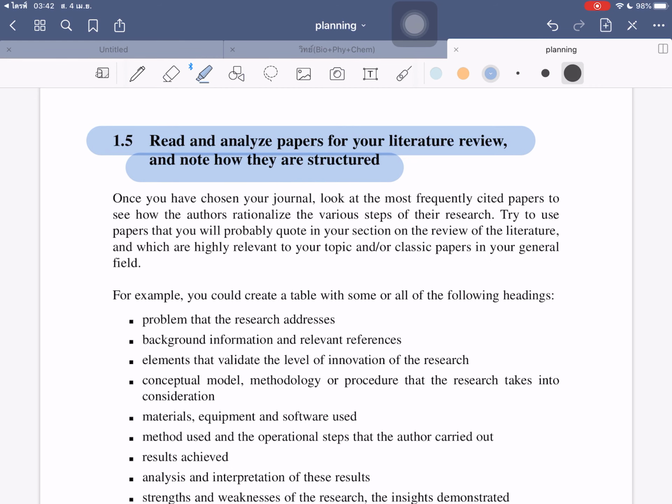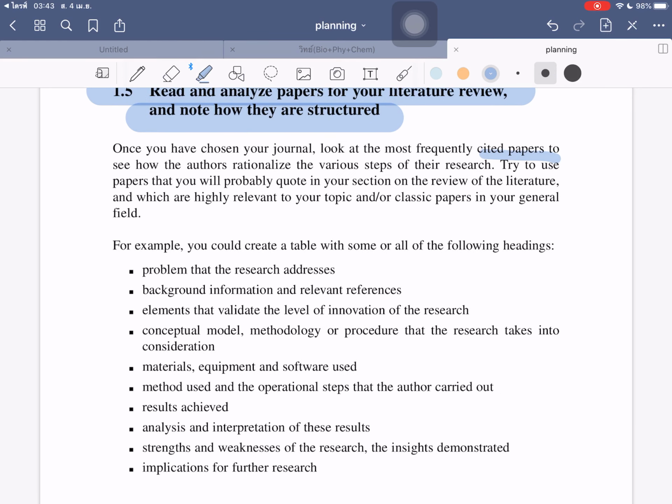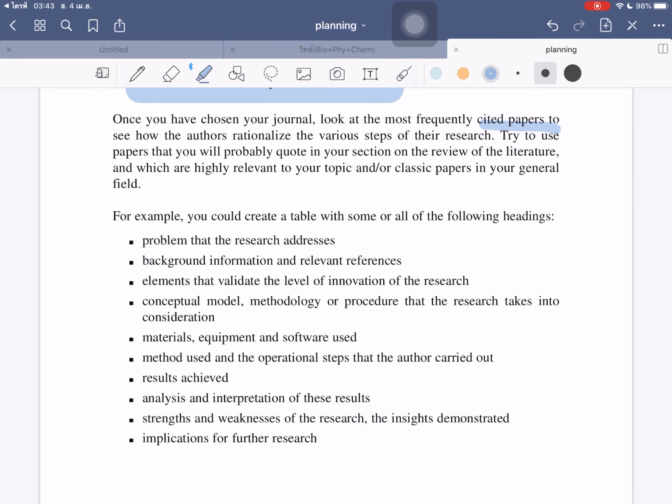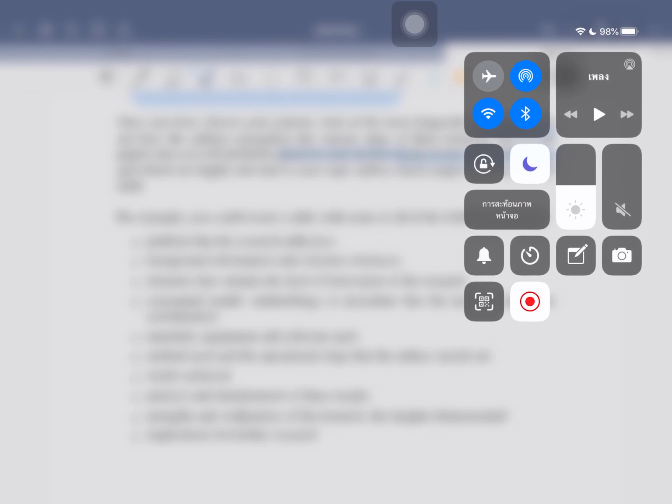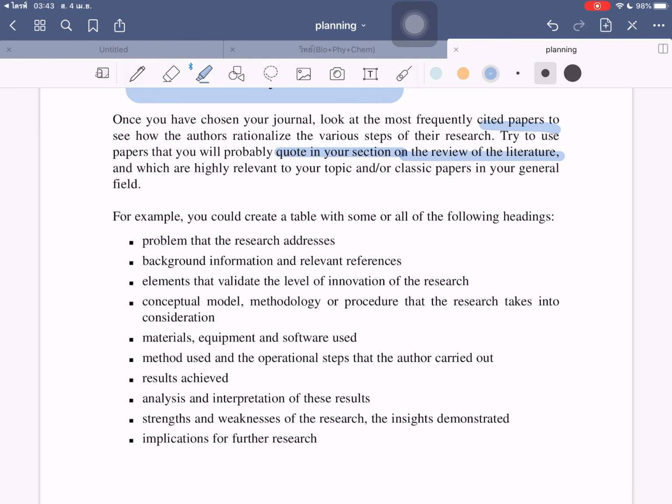When you have decided on your journal already, and you want to cite papers, you need to see how to use other papers, and then quote them in your review of the literature section. This is the way we can cite the papers. Let's see how long it's going to be.